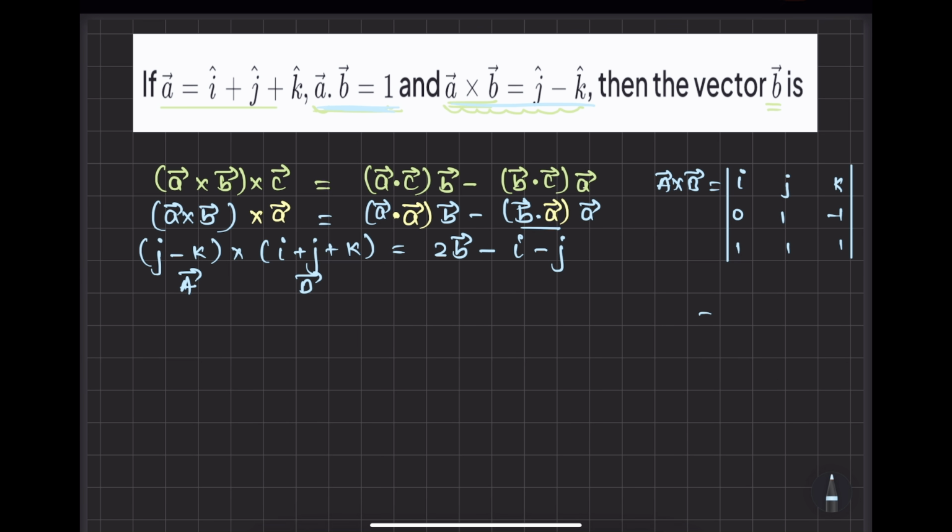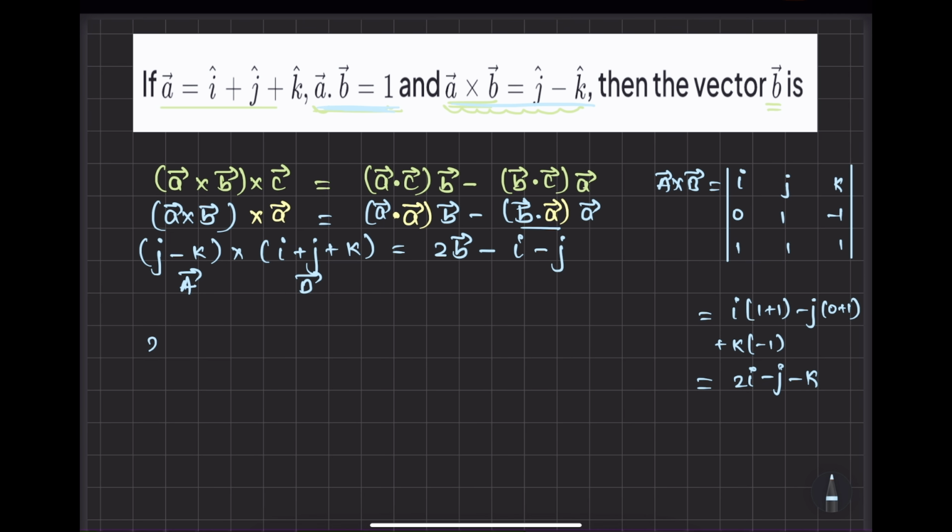So we will have 1 plus 1 for i, 0 plus 1 for j, and k will be 0 minus 1. Now we will have 2i minus j minus k.